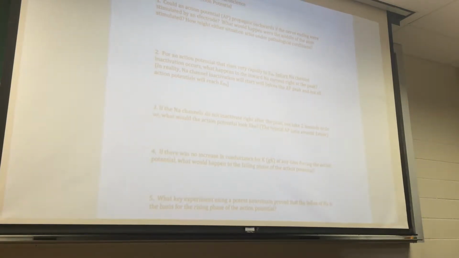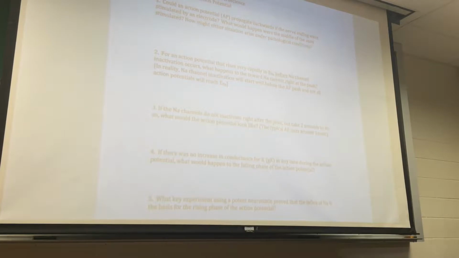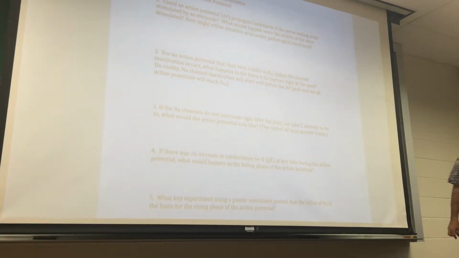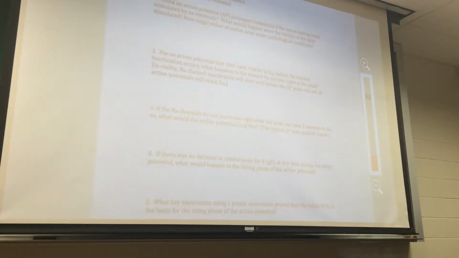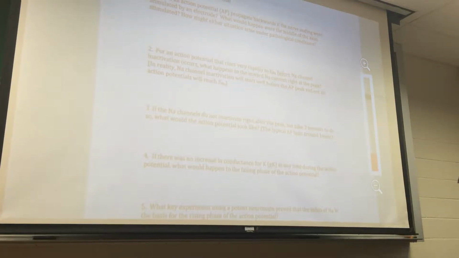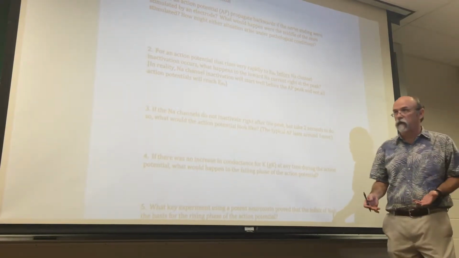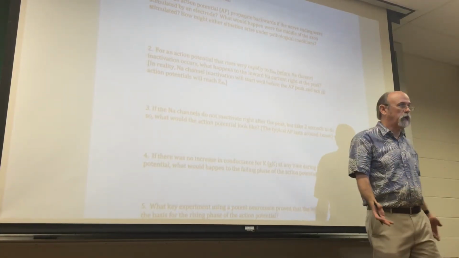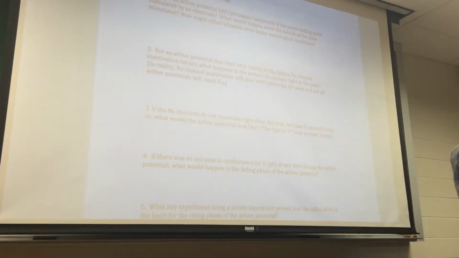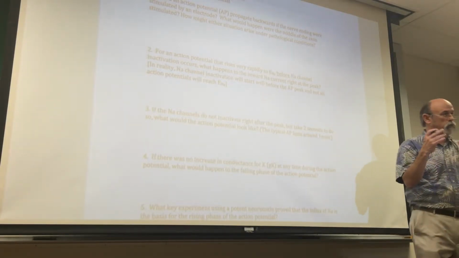All right. So this question was raised before in one of the lectures. It was just a little side. But it's an interesting question because it has ramifications. So could an action potential propagate backwards? In this case, let's just say you did it artificially.